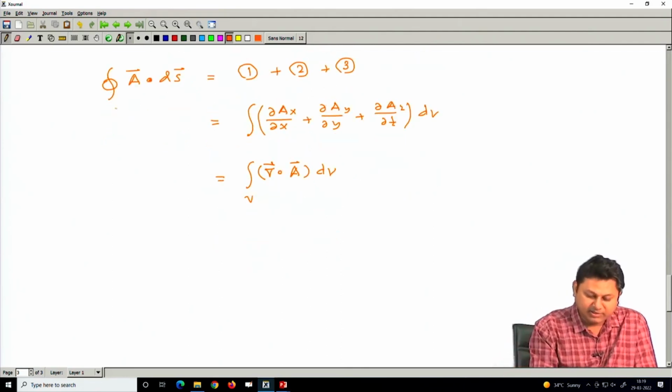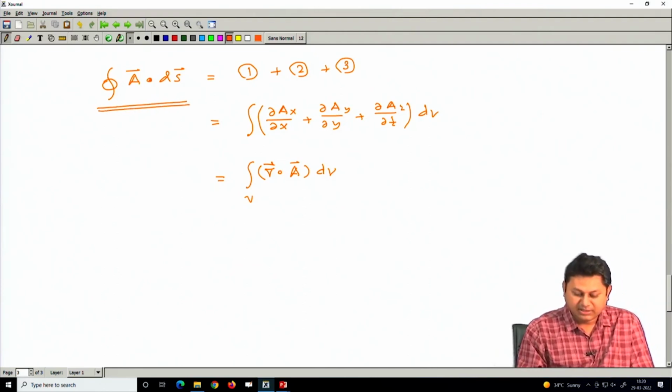So, on one side you have the closed surface integral, and on the other side you have the volume integral.